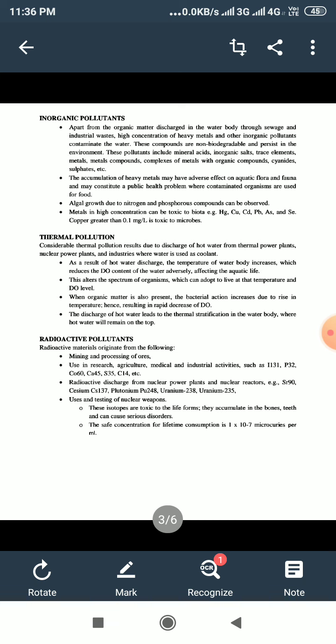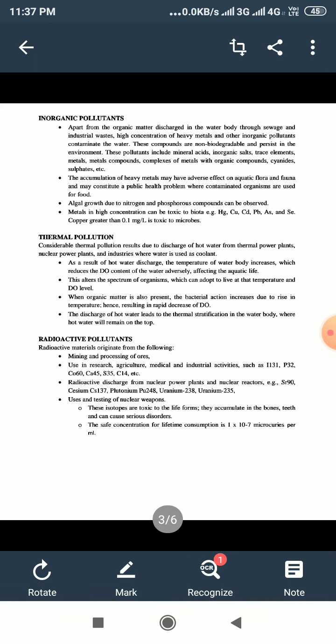These pollutants include mineral acids, inorganic salts, trace elements, metals, metal compounds, complexes of metals with organic compounds, cyanide, sulfur, etc. The accumulation of heavy metals may have adverse effects on aquatic flora and fauna and may constitute a public health problem where contaminated organisms are used for food.